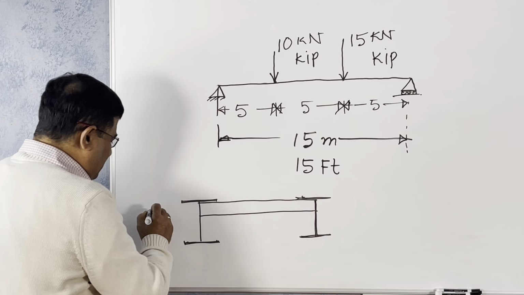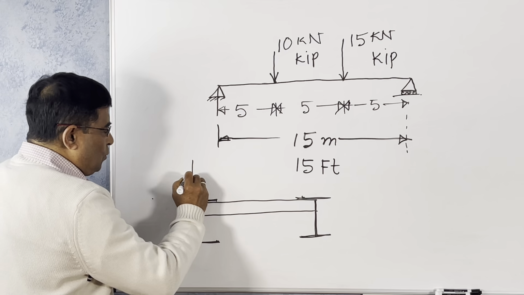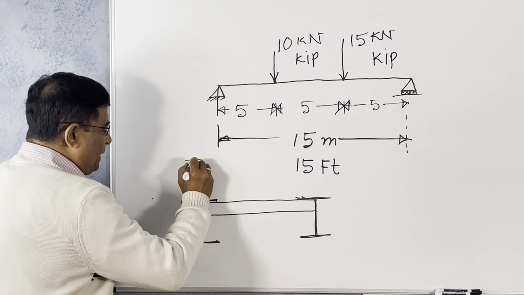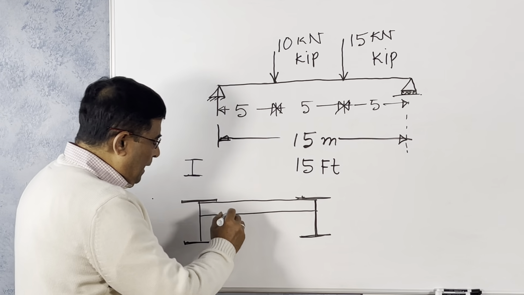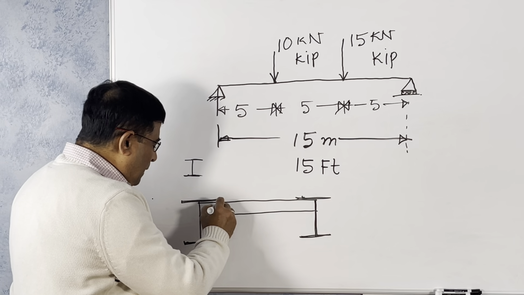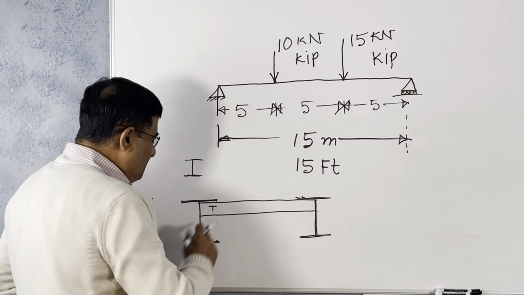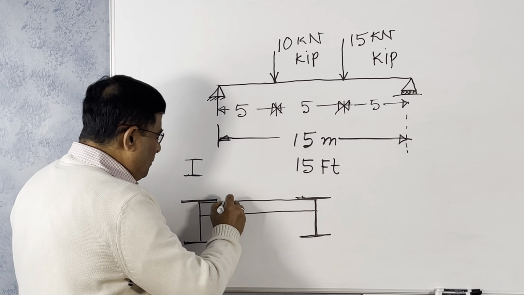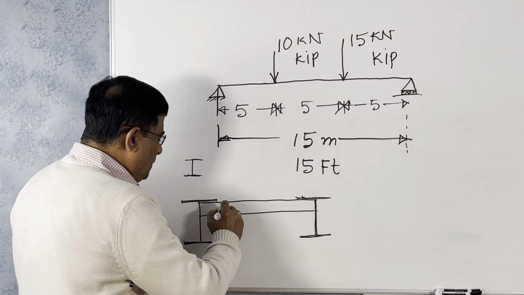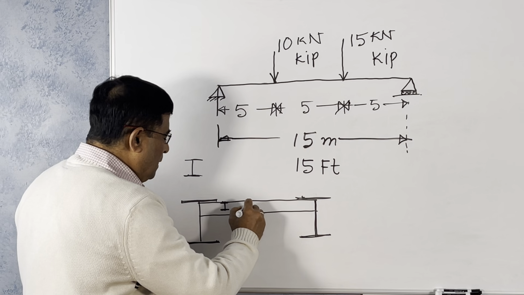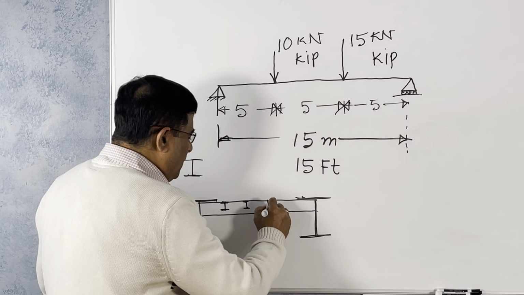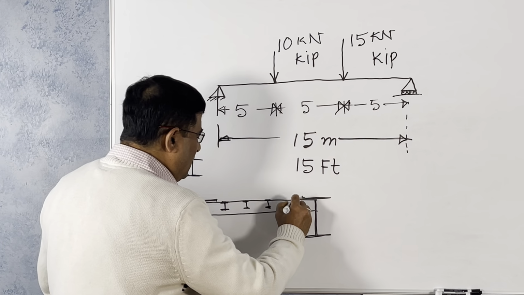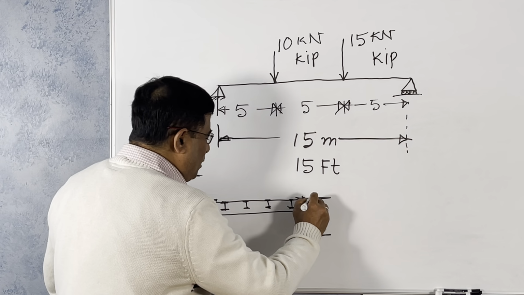They are also I sections, and they are connected with the stringers. The stringers are smaller beams.